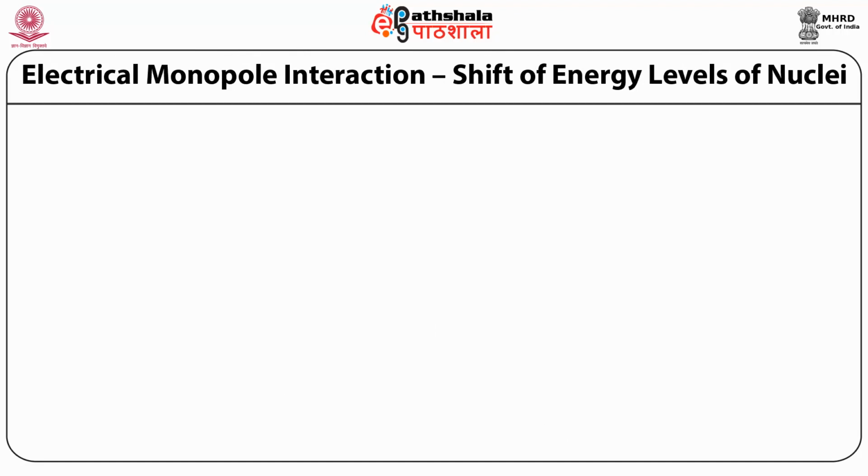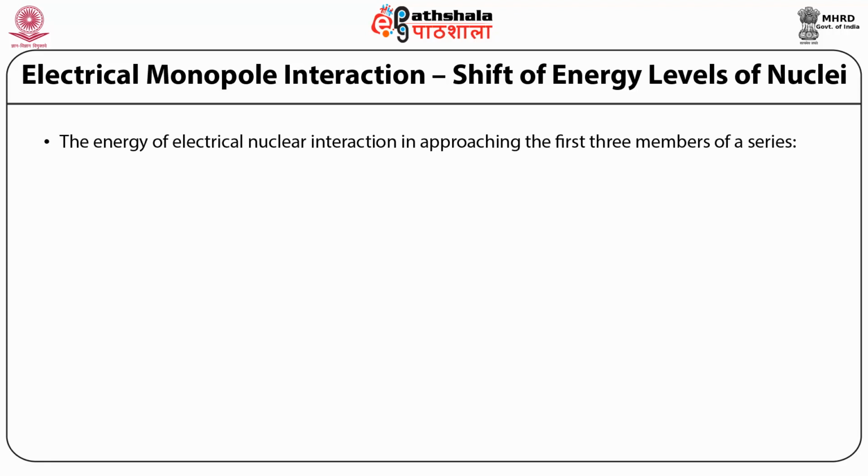The first one is the electric monopole interaction. Let us discuss this electric monopole interaction, which is linked with the isomer shift or chemical shift in the nuclei. The energy of electrical nuclear interaction, approximated by the first three members of the series, is given by W equal to phi 0 ZQe plus the summation over i from 1 to 3 of phi_i M_i plus the summation over ij from 1 to 3 of phi_ij Q_ij.